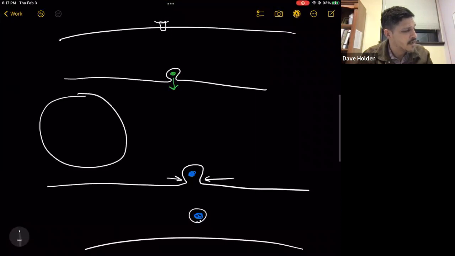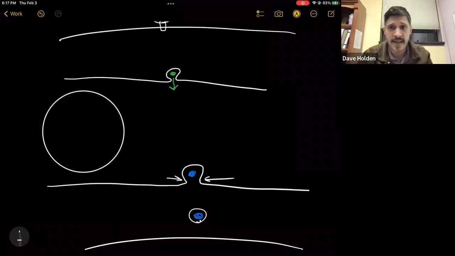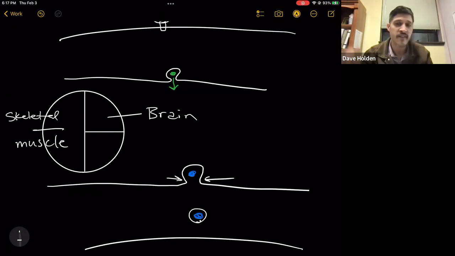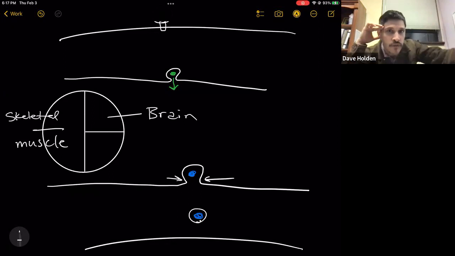But let's say there's all the calories I eat in a day. 25% of those calories go to the brain, 50% of those calories go to the skeletal muscles. The remaining 25% is for all of your other organs. Brains and muscles burn energy like nothing else.